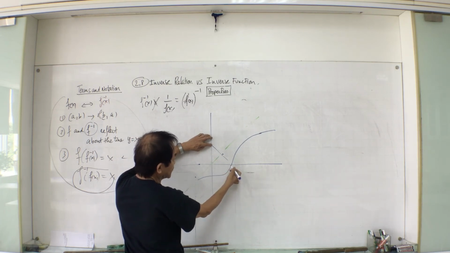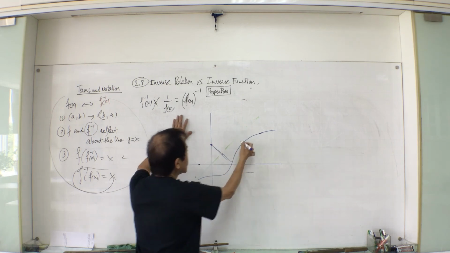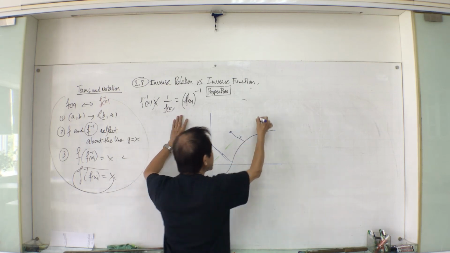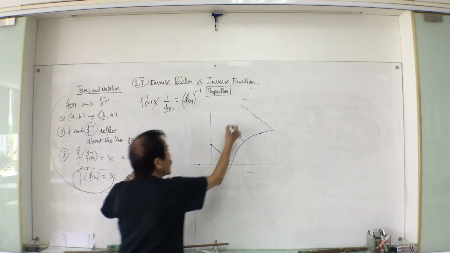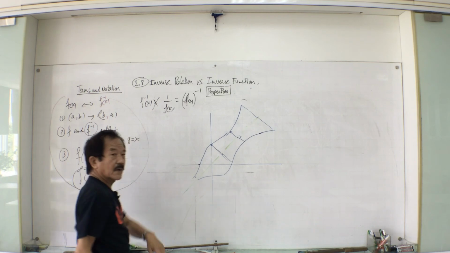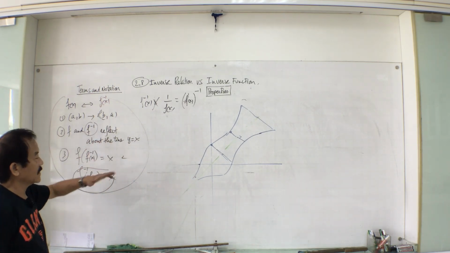So it looks like the same distance. The same distance here, the point right here, and this one the same distance, the point right here. Then I connect all points together like this. So now this one is the inverse of the other, just using the property that they reflect about the line y equal x.